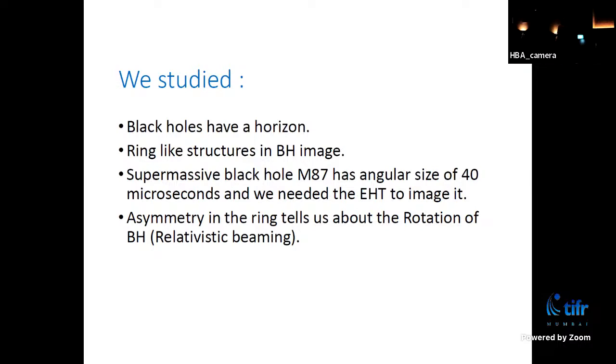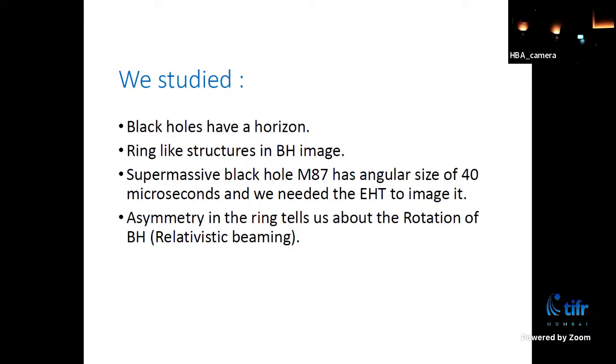Then there are lots of other factors like what the accretion disk is made up of, relativistic beaming, and those kinds of things. But we saw that universally a black hole image consists of a black hole shadow surrounded by some ring-like structure.